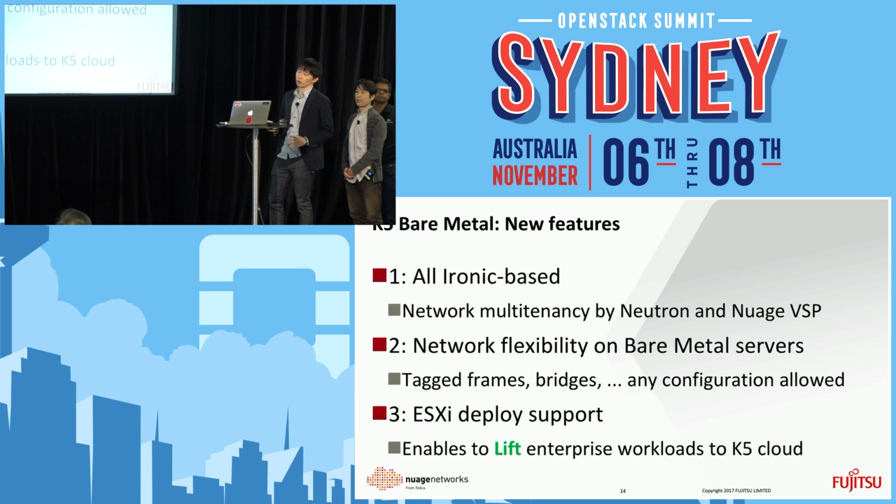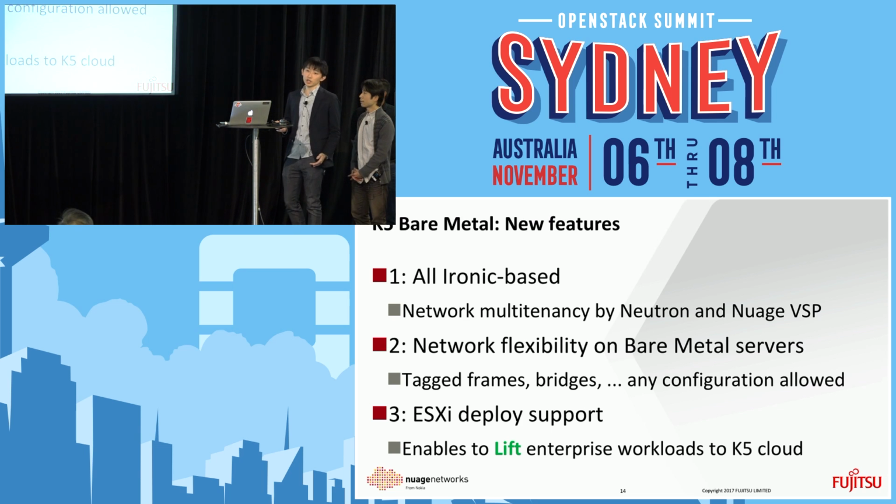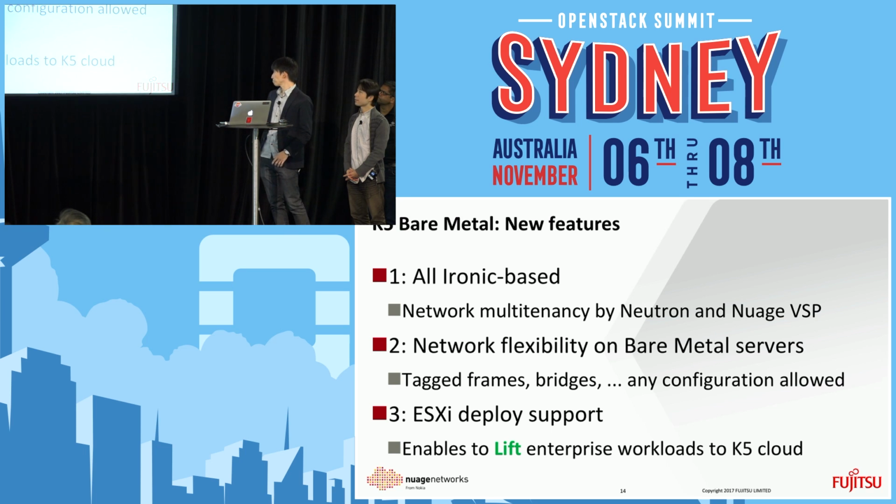We are planning to support flexible networks like tagged frames or virtual bridges and so on. And third, ESXi deploy support. We have developed a new Ironic driver for ESXi deploy, which highly encourages to lift existing VMware enterprise workloads to our public cloud. So in the next several slides, I will give a little deeper explanation of these 3 key points.